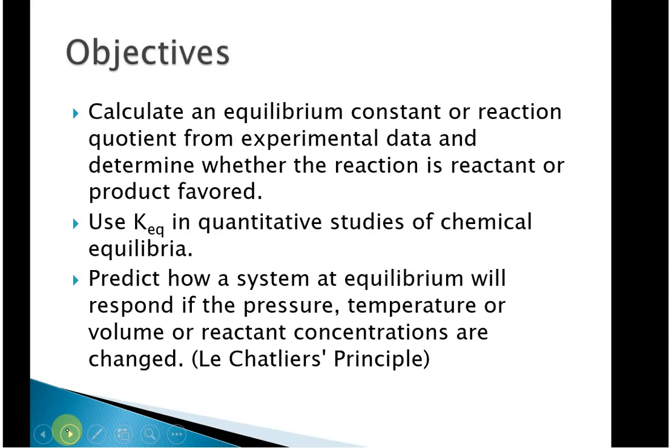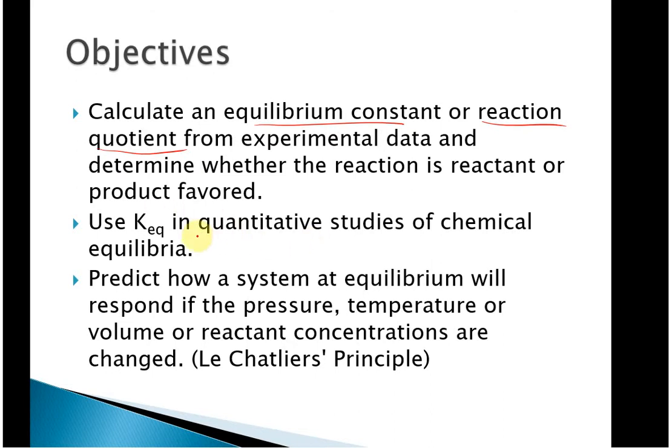So we're going to look at equilibrium constants, and we're going to evaluate both those and reaction quotients from experimental data. Just by looking at the number, we can tell whether the reaction is going to be reactant-based or product-based, meaning what's going to be left over or primarily in the flask at equilibrium.